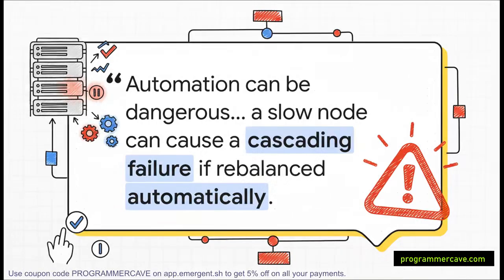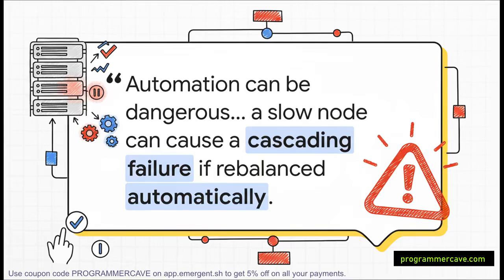And here is another piece of hard-won wisdom from the trenches. Fully automated rebalancing can be super dangerous. Imagine one of your nodes is just temporarily overloaded and it's slow to respond. An automated system might see that, think it's dead, and immediately start a massive rebalancing operation to move all its data.